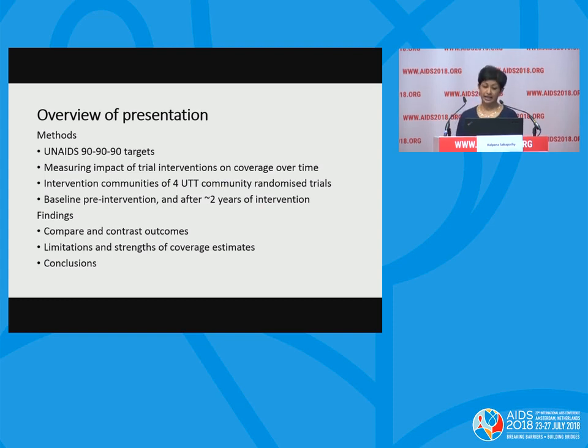We'll look at the methods used by these trials for estimating coverage against the 90-90-90 targets, and how these have been used as a way to measure the impact of the trial interventions, focusing specifically on the trial intervention communities. We'll look at baseline pre-intervention coverage and compare them with outcomes after 2 years of intervention delivery. We'll look at the findings achieved against the background of the methods used.